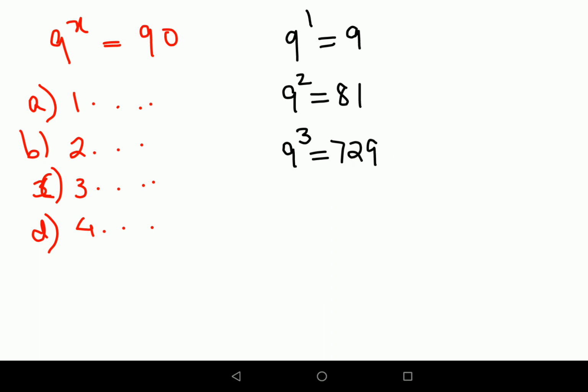So obviously 90 lies in between them. So I can say that the x value will lie between 2 and 3. From here you could have deduced that the option to be selected is 2 point some value. This is very important for people who are appearing for entrances.